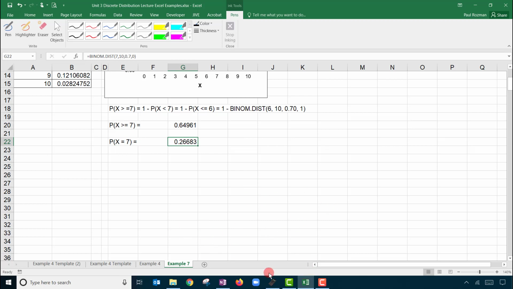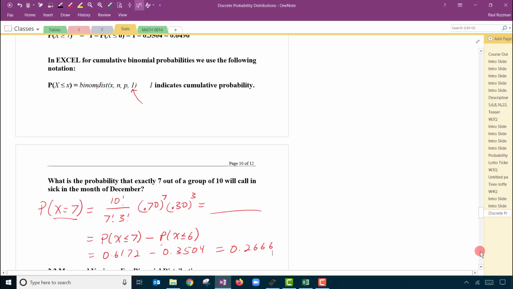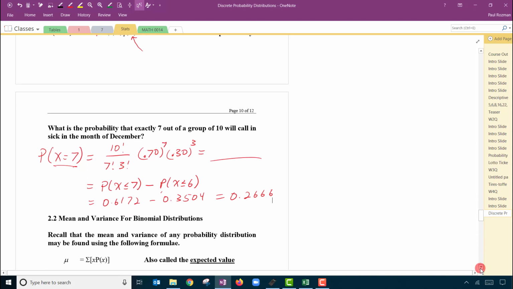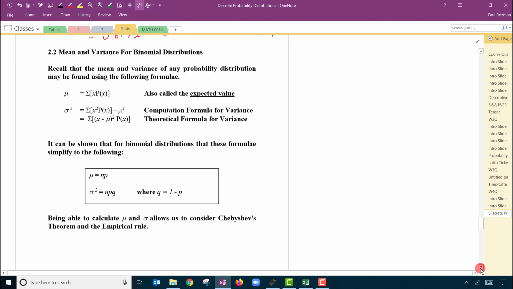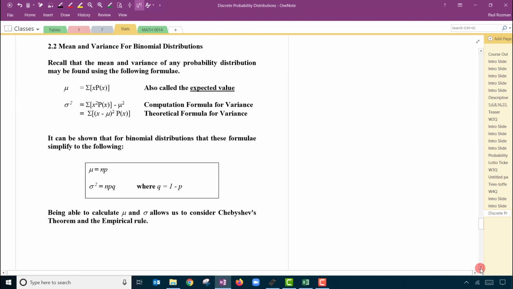Now, with those binomial distributions, the shape of it changes depending on which n you pick and which p you have.